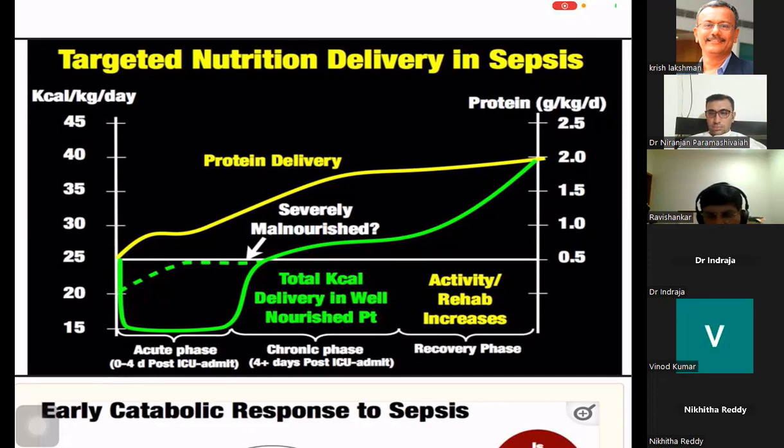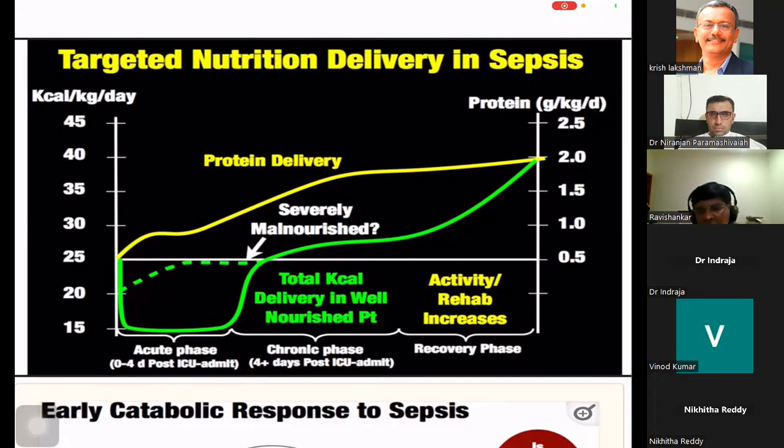Hence, in the initial acute phase, for the initial 4 days, the requirement should be minimized to around 1500 to 1800 kilocalories. During the chronic phase, the next 4 days, the nutrition requirement may increase to around 2000 to 3000 kilocalories.